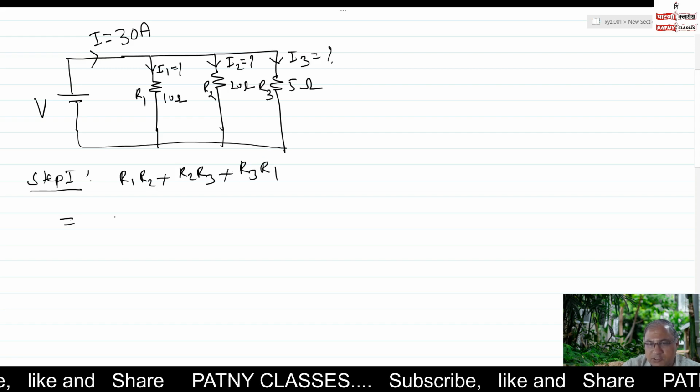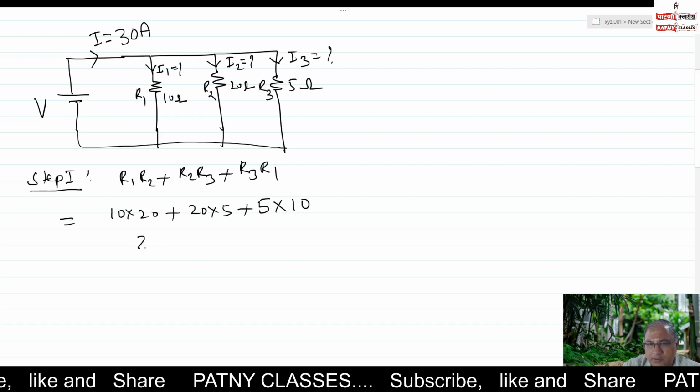We'll find out this one, that is 10 into 20 plus 20 into 5 plus 5 into 10. So 200 plus 100 plus 50 equals 350 ohms.